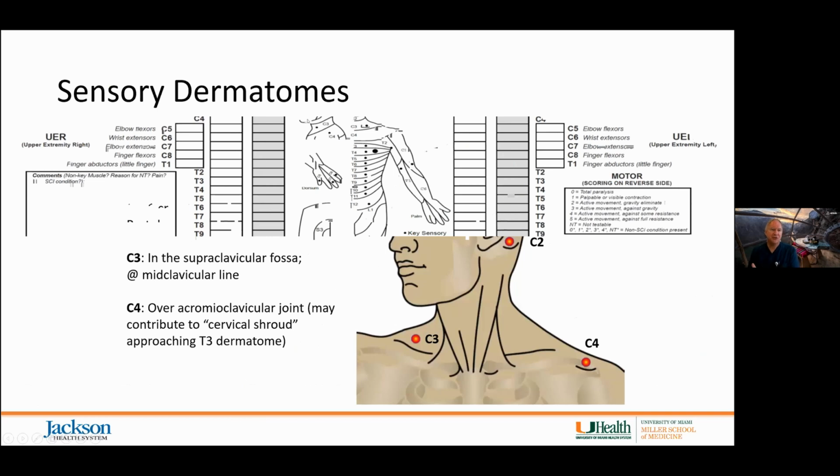So I want to run through the dermatomes first, and they're listed as we go through. You can see these in the ISNCSCI manual as well. C2 is 1 centimeter lateral to the occipital protuberance, that is 2 centimeters behind the ear. C3 is in the supraclavicular fossa at the midclavicular line, and C4 is at the AC joint.